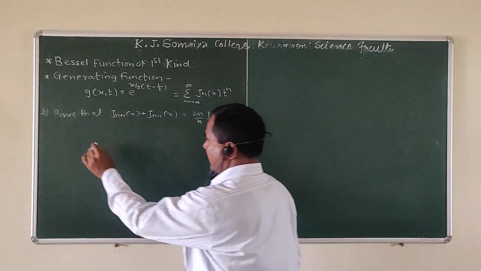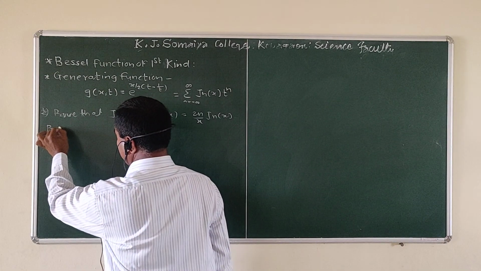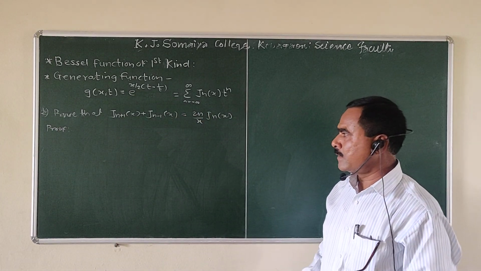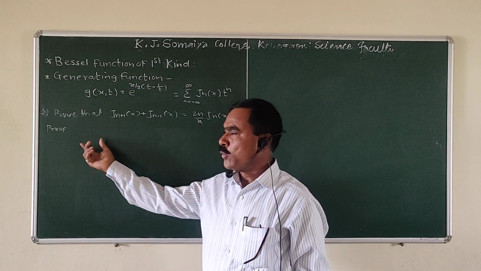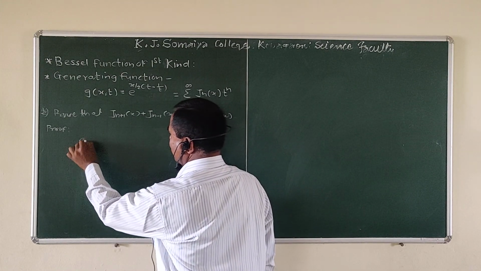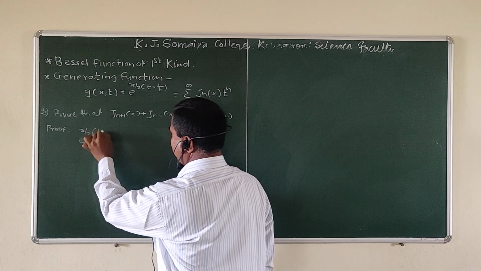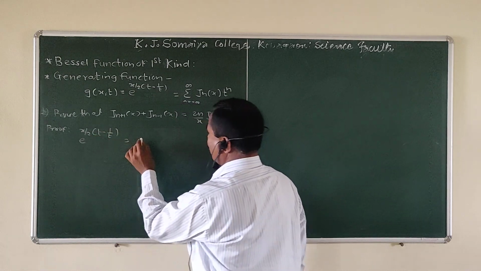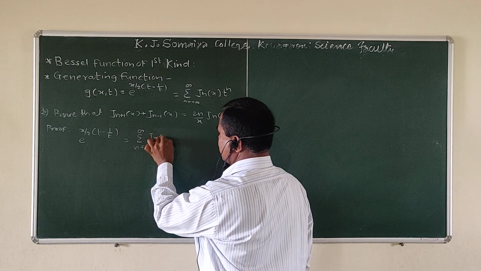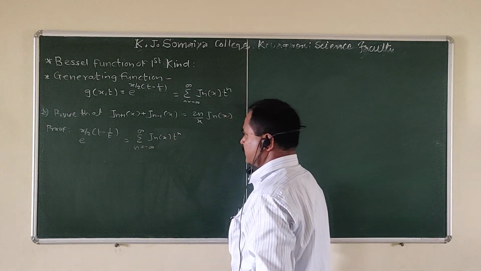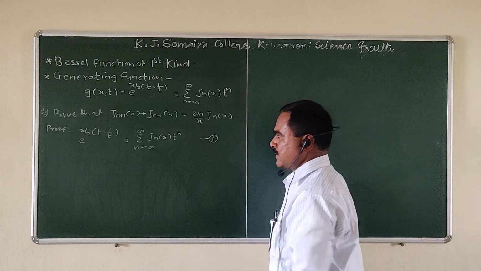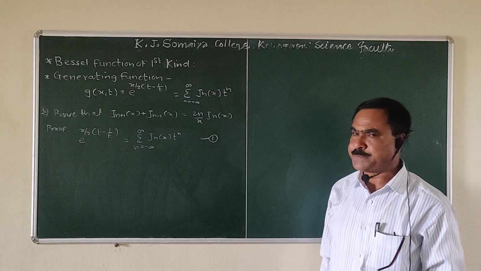Okay, then we consider the proof. In that proof, first we consider the generating function. The generating function is e^{(x/2)(t - 1/t)} = summation n from minus infinity to plus infinity J_n(x) t^n. Okay, call this equation first. Then we differentiate this equation with respect to t.